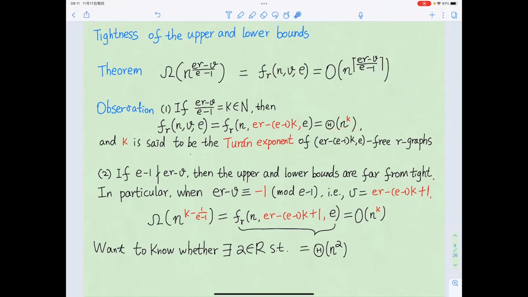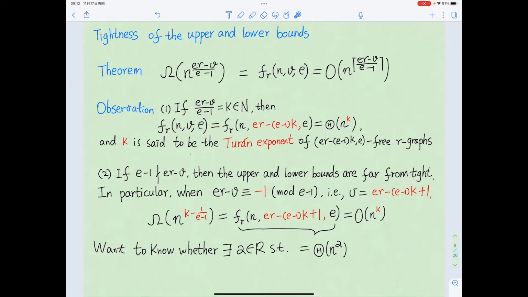If you set this function equal to k, then v equals er − (e − 1)k. So basically the Brown–Erdős–Sós bound determines the value of this function up to a constant factor, which is independent of n. So in this case, n is said to be the Turán exponent of such V,E-free r-graphs, where v equals this number.